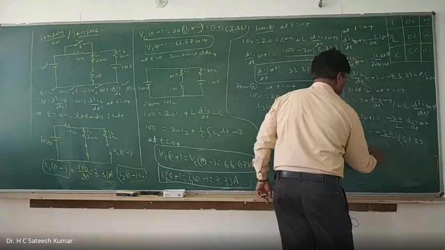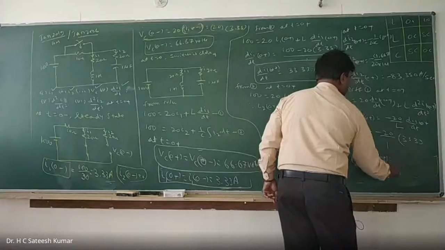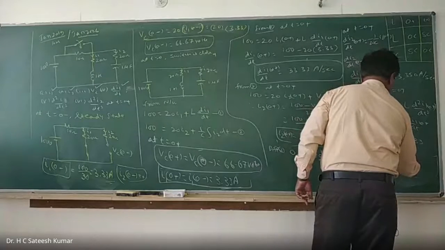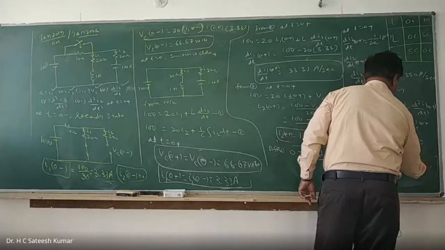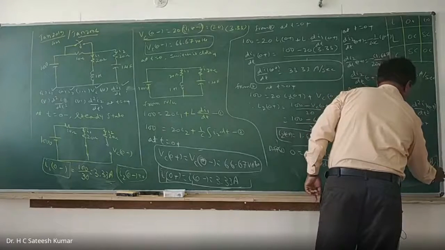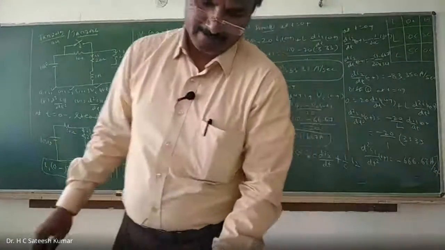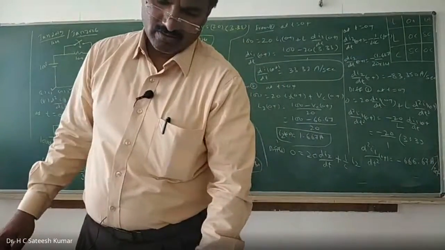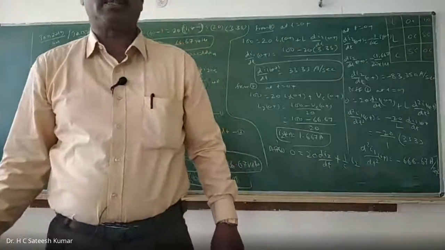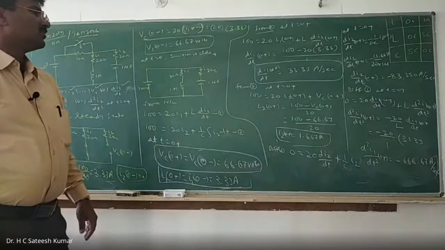How much is that? d squared I1 by dt square at 0 plus is minus 666.67 amps per second square, which is minus 20 into 33.33.